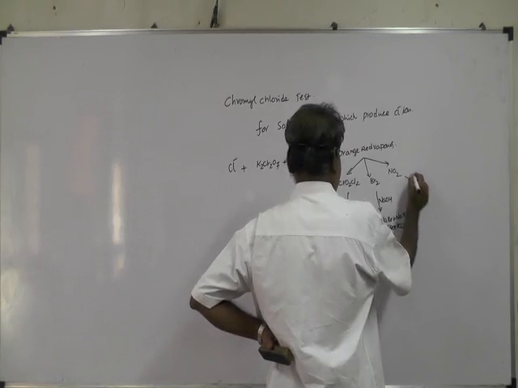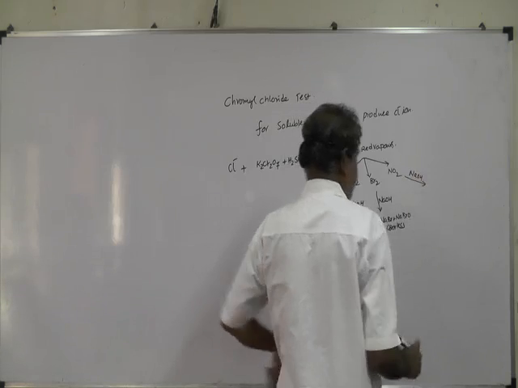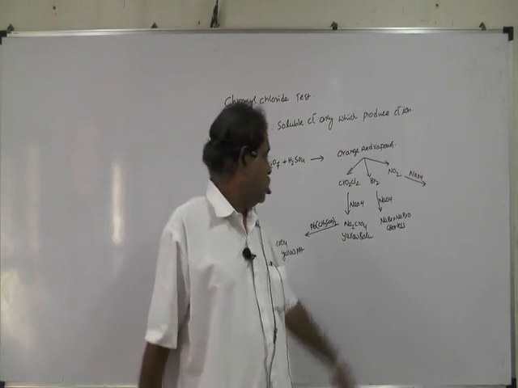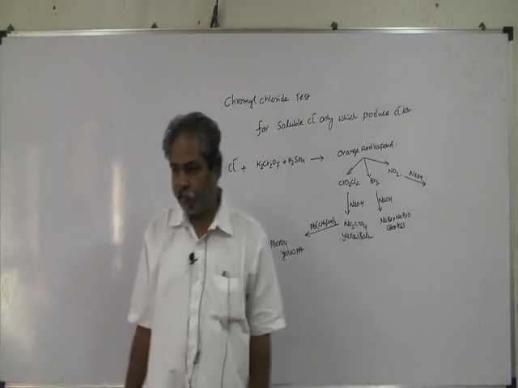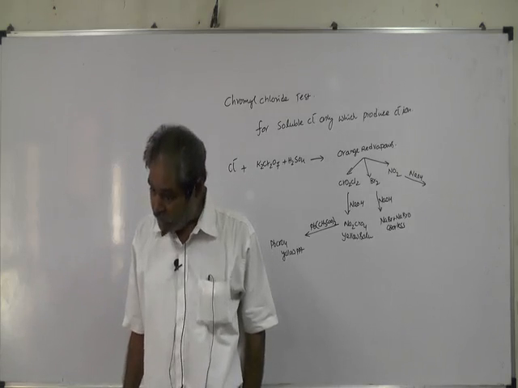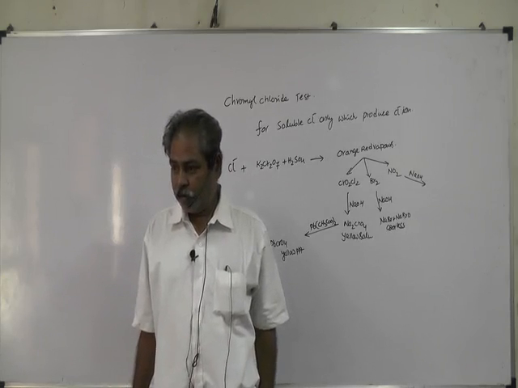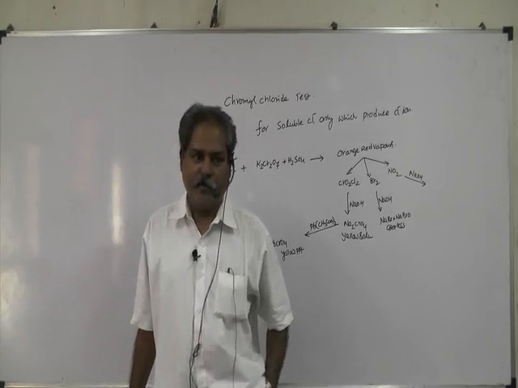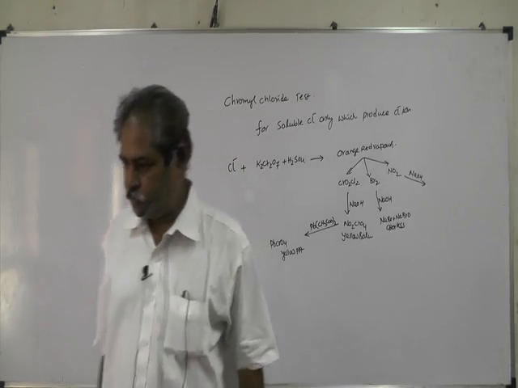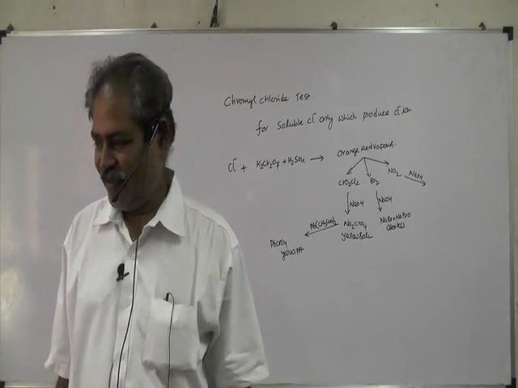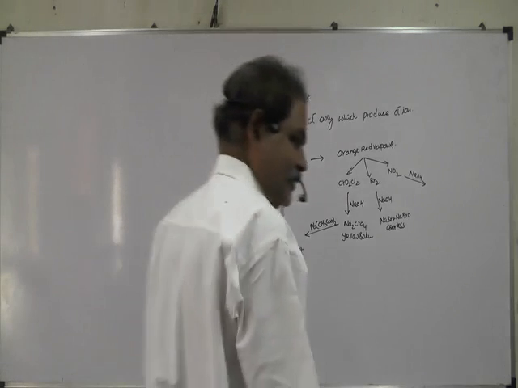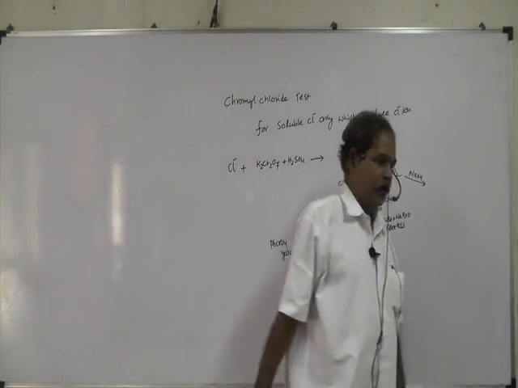How does NO2 react with NaOH? Anybody? What's the product? NO2 plus NaOH. NaNO3 plus N2. No, NaNO3 and NaNO2. Why? Why did you get two salts? Why do you get NaNO2 and NaNO3?